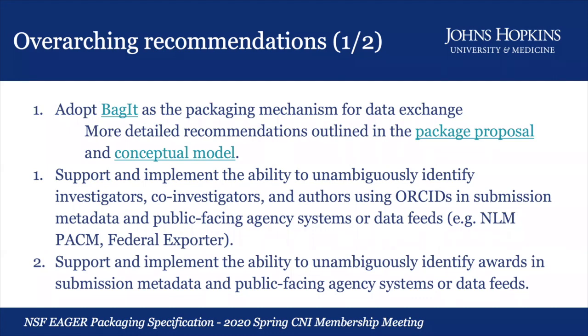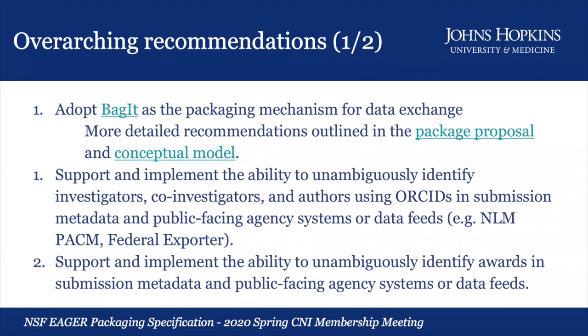Number two, we recommend the use of unambiguous identifiers such as ORCIDs for PIs, co-PIs, and authors in various reporting systems and data feeds, so we can connect our records with those other external systems. Number three, we recommend the use of unambiguous identifiers for awards so that we can refer to the right award.